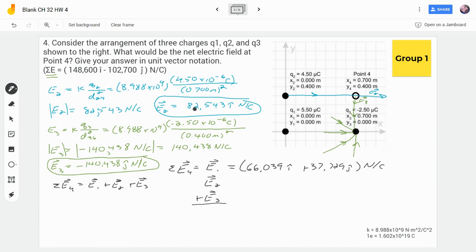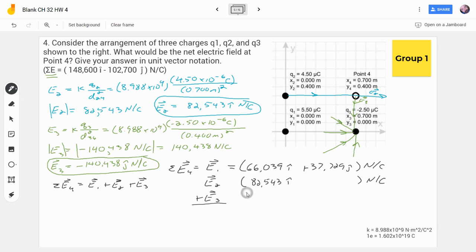E2, okay, that's this number here. This one is all i hat. So this is 82543 i hat. Plus 0 j hat, but I don't really need to write that, so I'm just going to leave that out. Newtons per coulomb.